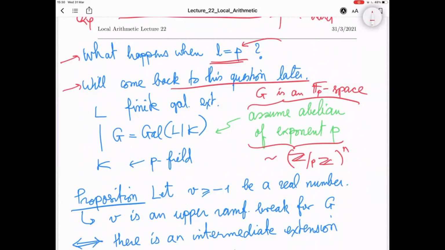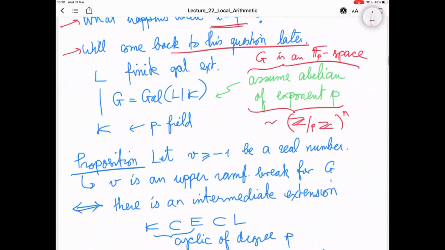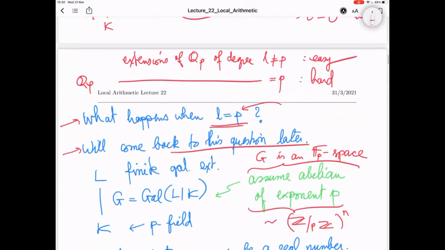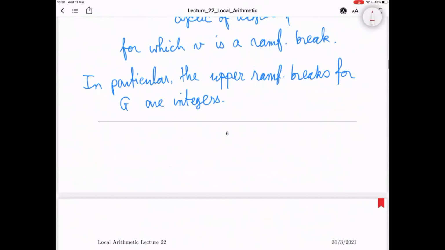Okay. So let's slightly change gears and look at extensions. The simplest groups, of course, are cyclic groups of prime order.